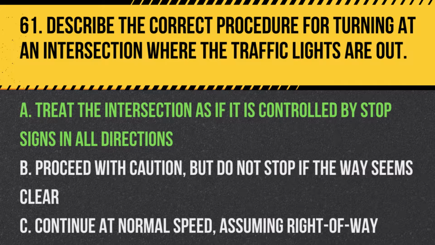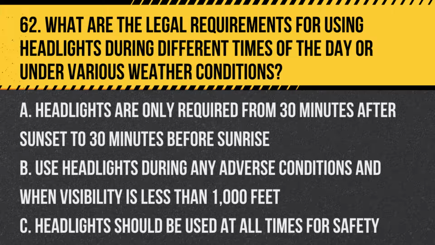right. Question 62. What are the legal requirements for using headlights during different times of the day or under various weather conditions? A. Headlights are only required from 30 minutes after sunset to 30 minutes before sunrise. B. Use headlights during any adverse conditions and when visibility is less than 1,000 feet.